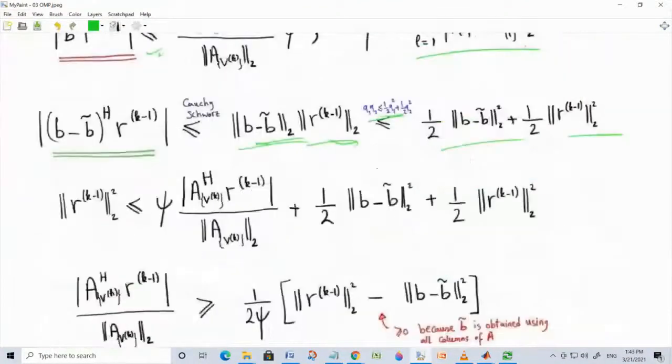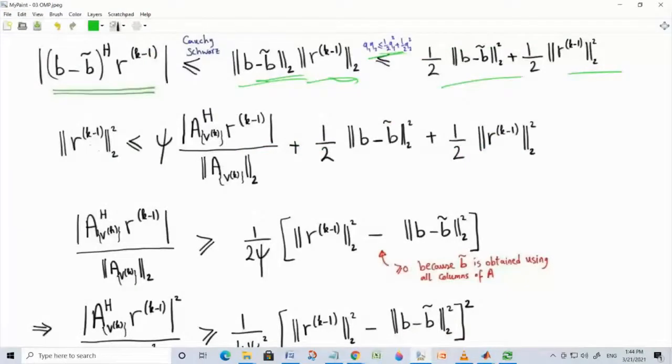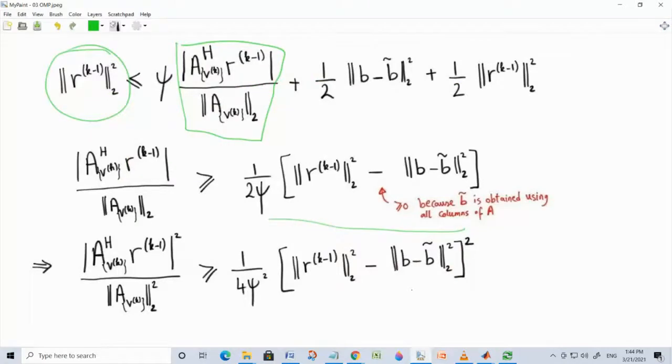So now we have an upper bound on the L2 norm squared of R_{k-1}, and we can rearrange the terms. This guy here is lower bounded by this quantity.